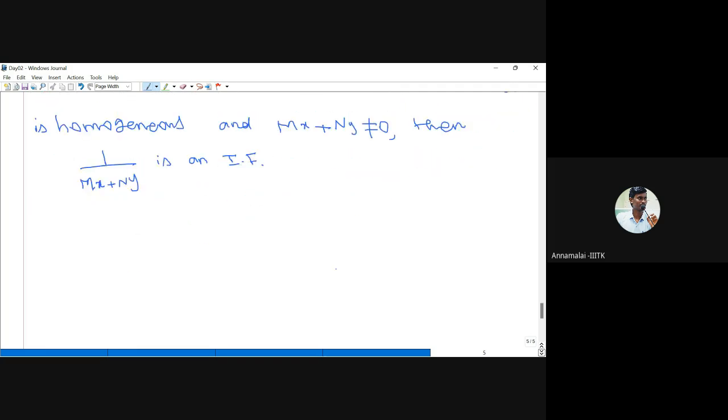Now another rule to find the integrating factor. Rule 2.